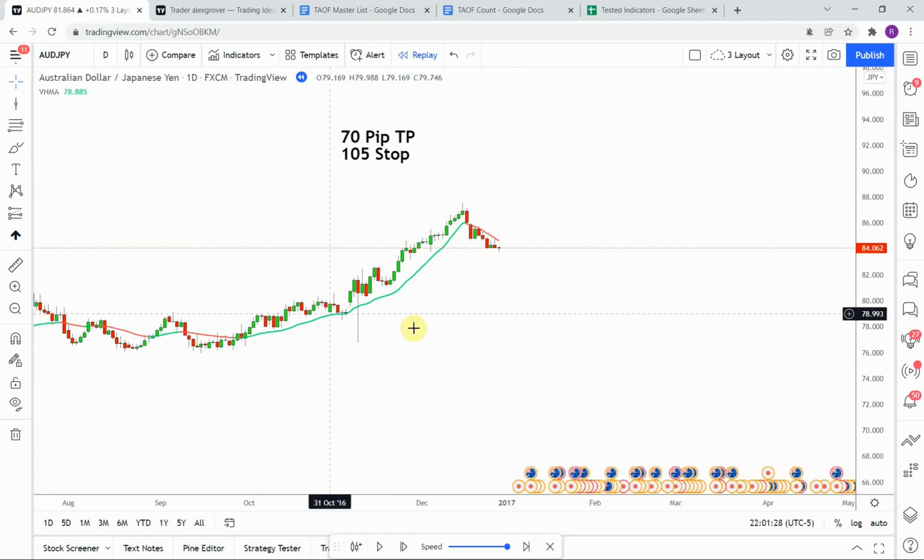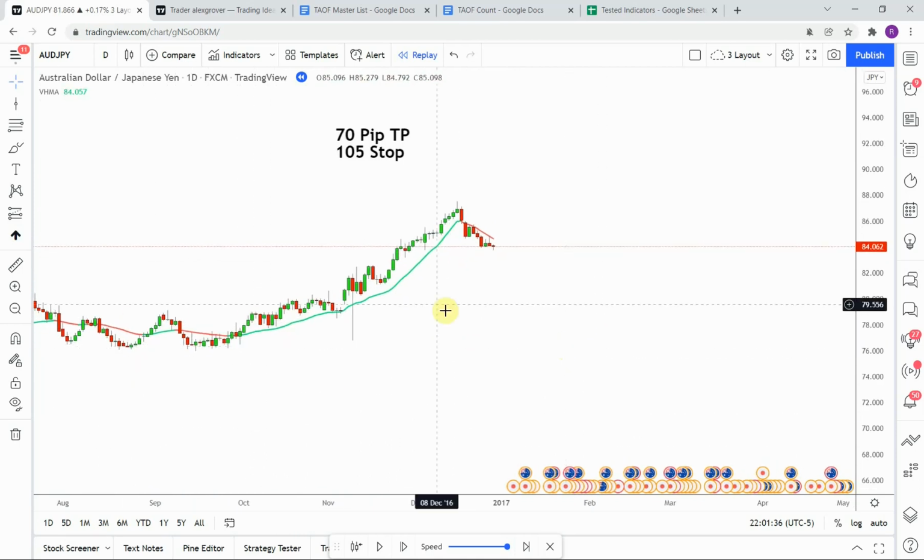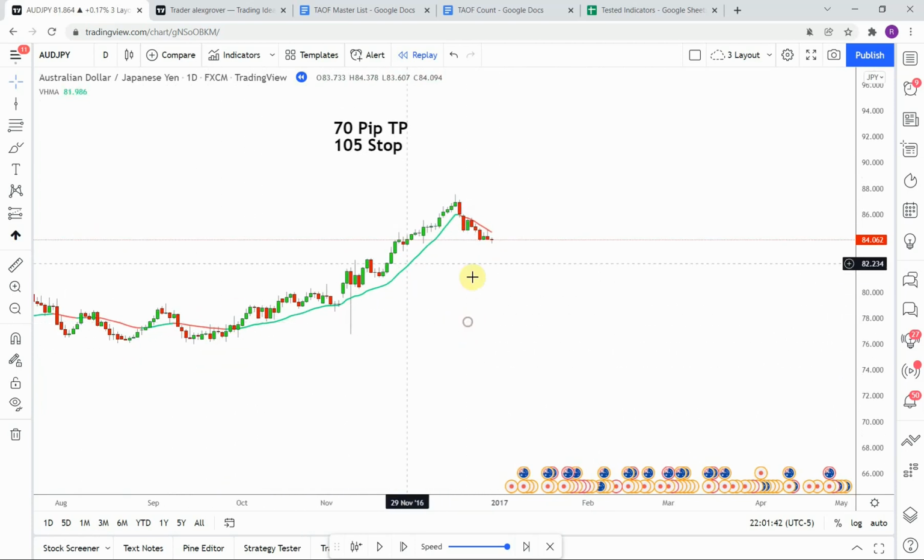And of course this is a moving average, and it is one that does change colors from green to red and back, so it's pretty easy to know what we should be doing. When it goes green, we will be going long. When it goes red, we will be going short. So like I said, relatively simple. Let's go ahead and get on with the testing and see what we can get out of this.